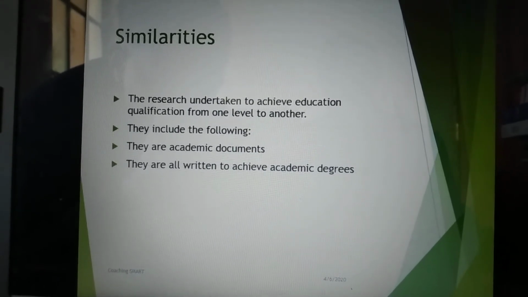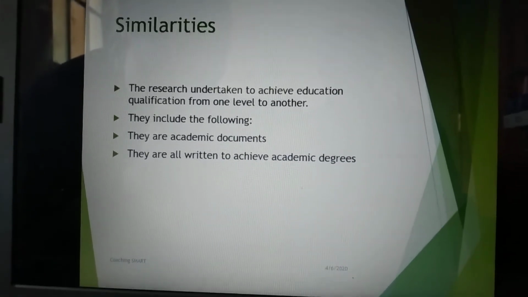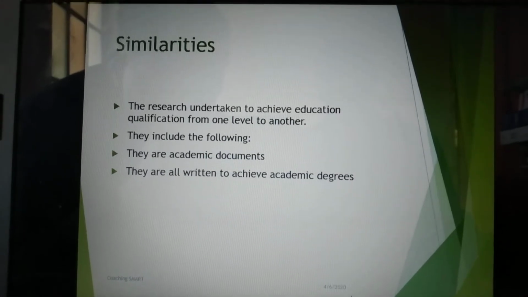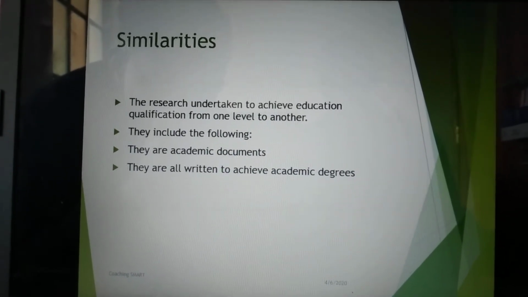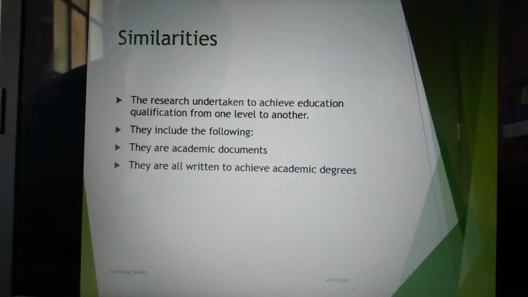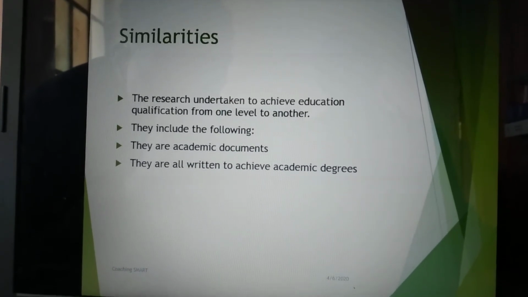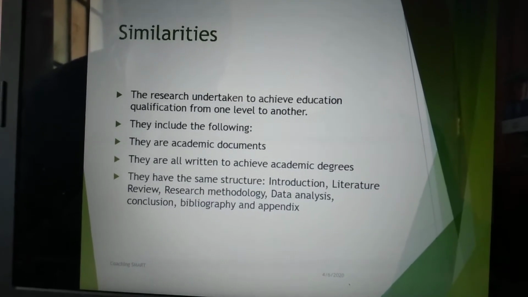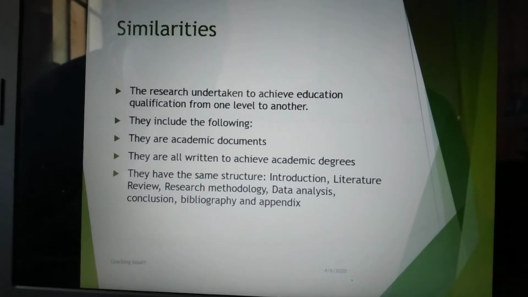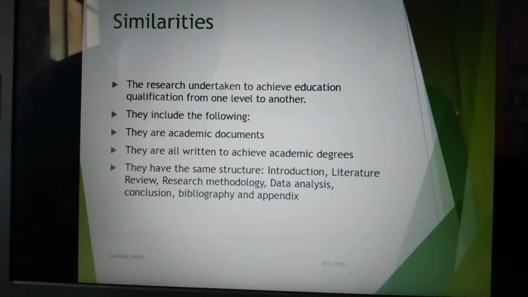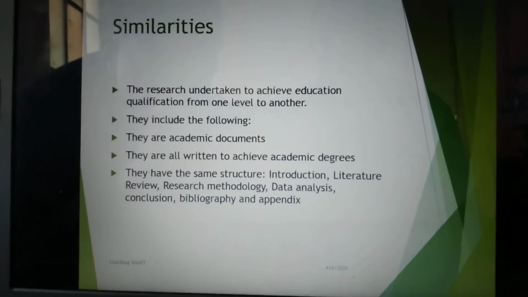So when you're dealing with a research, be it project, be it thesis, be it dissertation, your aim is to achieve academic degrees, be it master's, be it PhD, all is coined for academic qualification. Then they have the same structure.